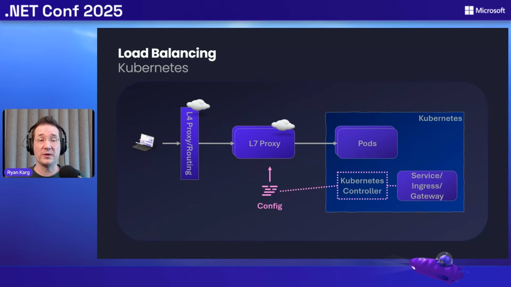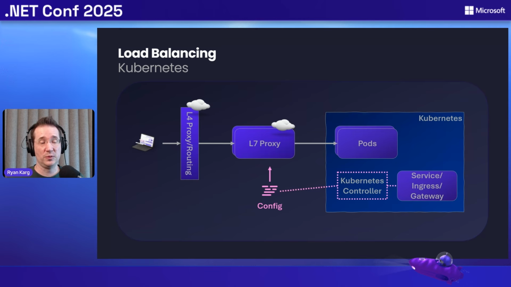And the general pattern is that they will run a pool of layer 7 proxies, which are able to look at HTTP requests, find out the host name, the path, headers, other things about the request itself, and determine which service it should go to, and then pick one of the workloads to send the request to.